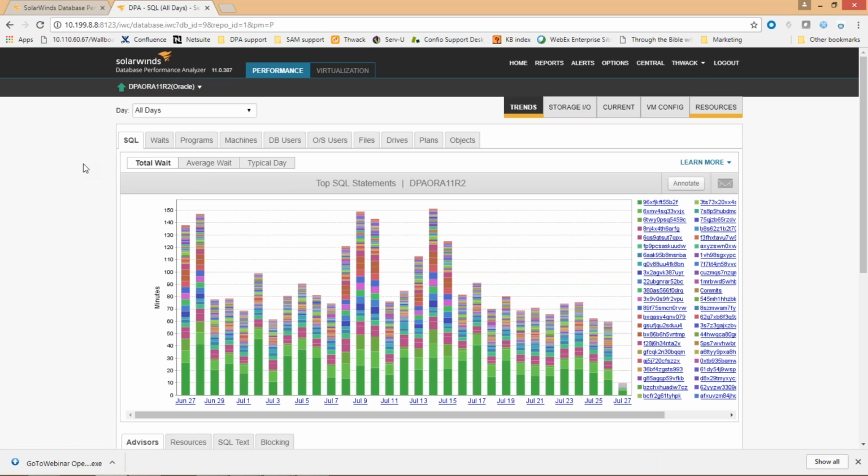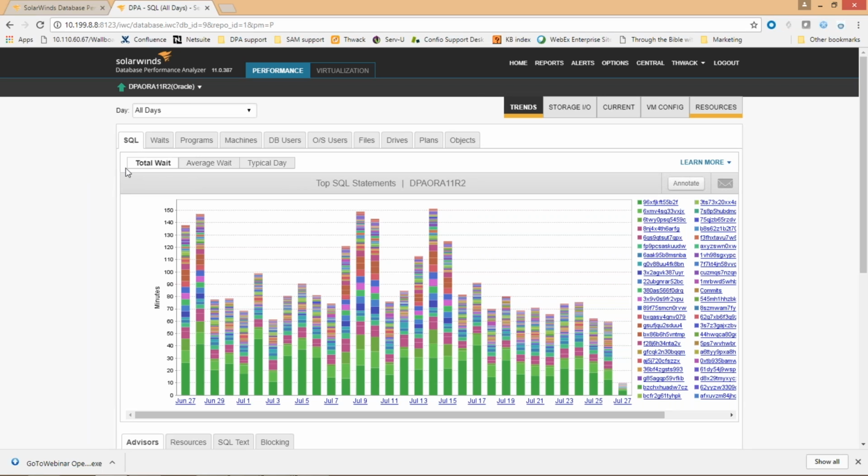And that's kind of the nice thing too about DPA, is that regardless of the platform, so if there's any DBAs out there that support multiple platforms like Oracle and SQL Server and maybe MySQL or DB2 or something like that, since our approach is the same and our navigation is the same regardless of the database platform that you're monitoring, once you learn the navigation of DPA, it becomes very easy to jump from one to the other.